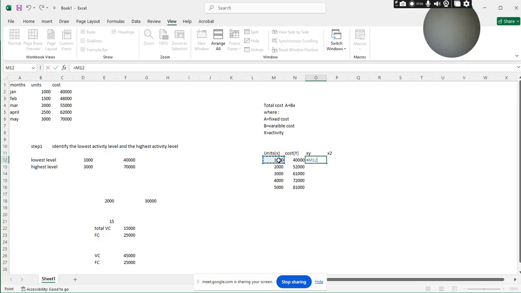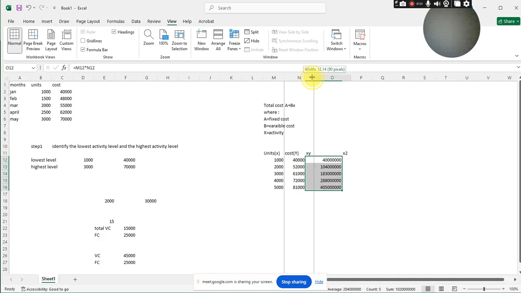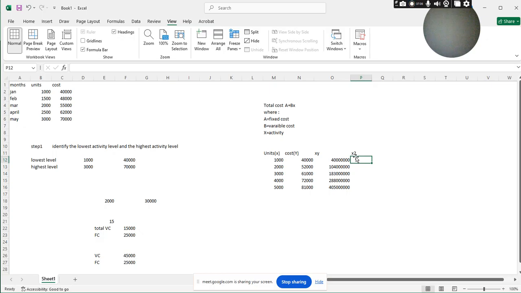Now our xy here is equal to this multiplied by this. Enter. This is our xy. Since I'm using Excel, I will just drag down to copy the formula down. Let me increase this cell. Are we following? Yes, sir.